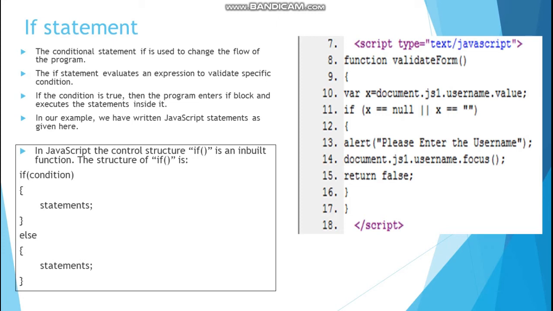Remember, in our example we have used only one portion of this if statement. The else part we have not given here. So this is how we can use the if statement. The if will execute any one of these two blocks.